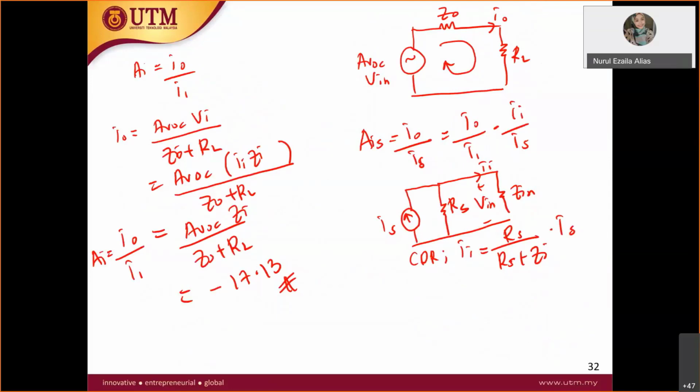So now you have the portion of IS: I in over IS is equal to RS over RS plus Z in.